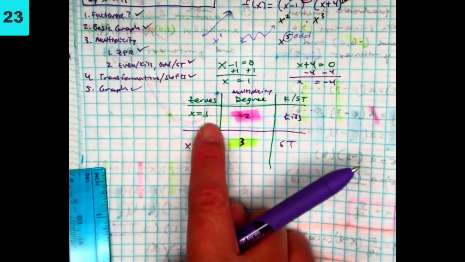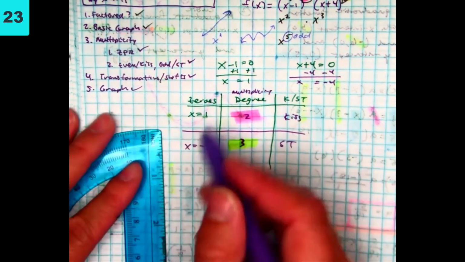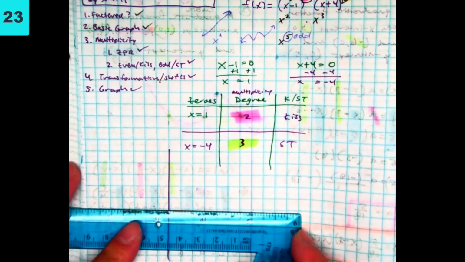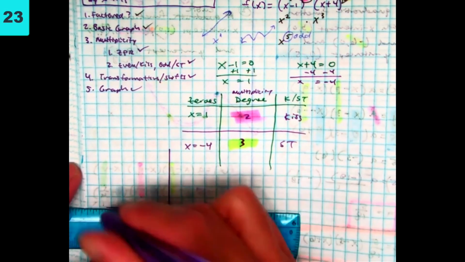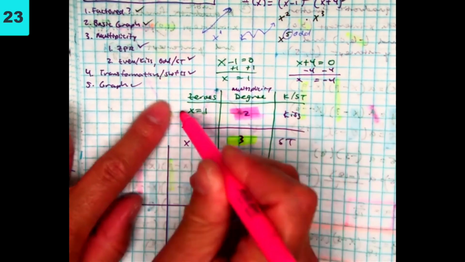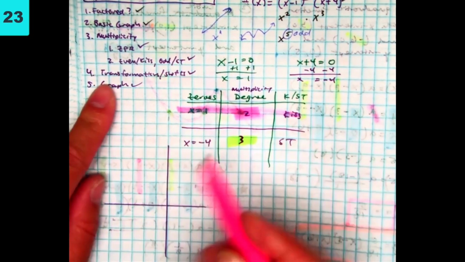I know on my x-axis I'm going to have a 1 and a negative 4. So let's kind of plan for that, and kind of more on my left side. Alright, let's graph x equals 1. This was here.